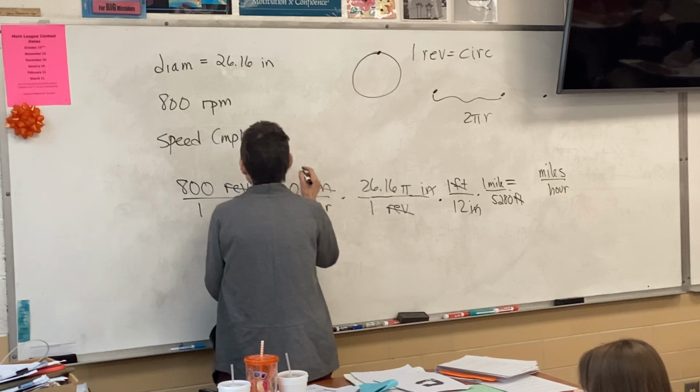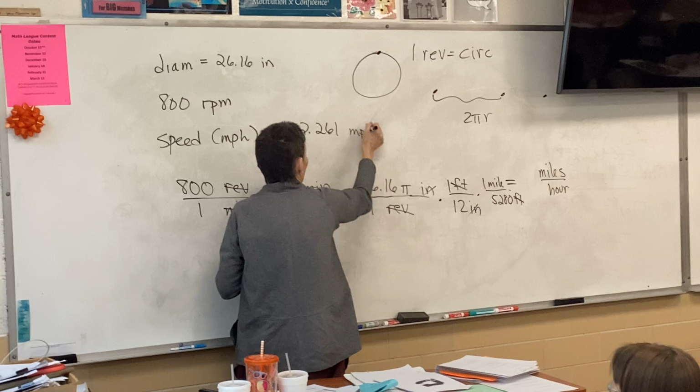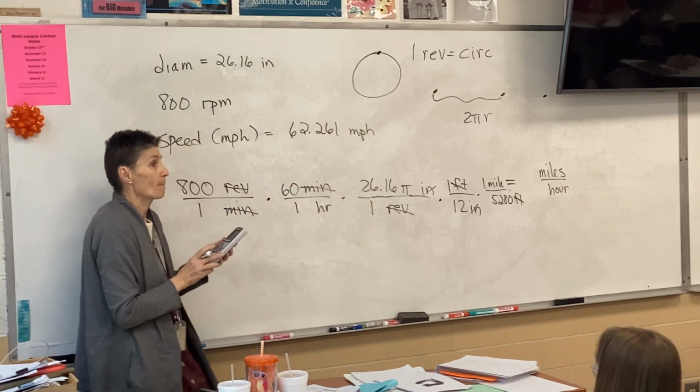The wheel is traveling 62.261 miles per hour. Is that what you got?